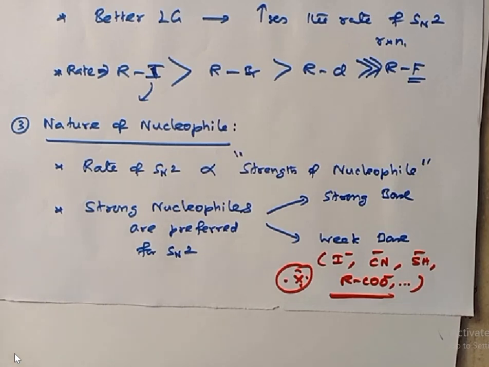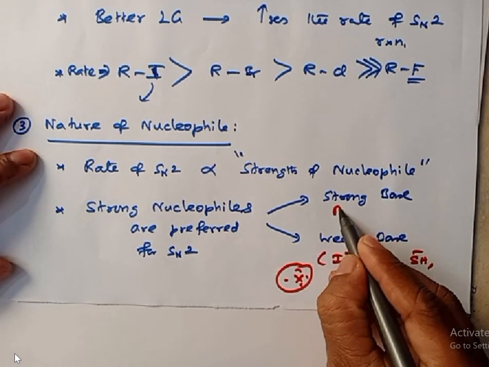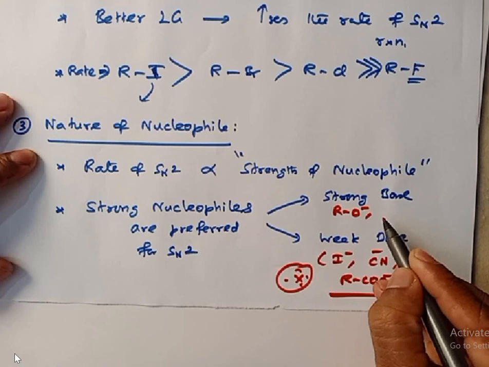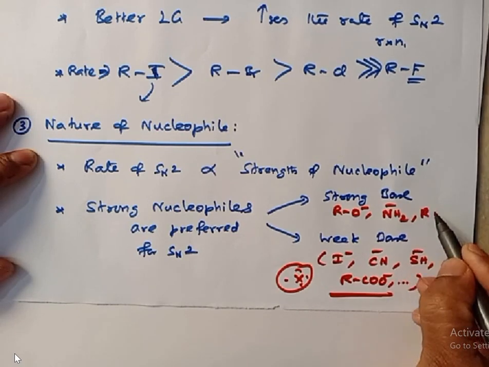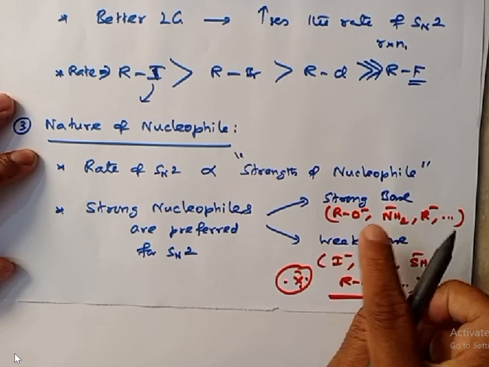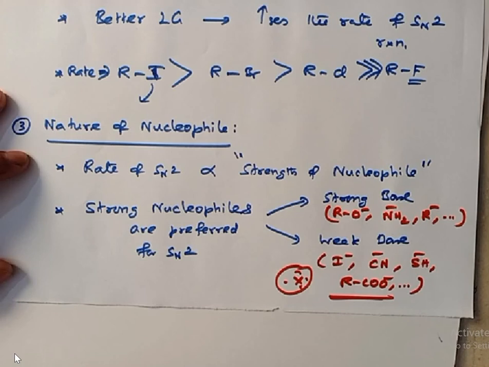There are some nucleophiles available which are strong nucleophiles as well as strong bases, for example RO minus, NH2 minus, R minus, etc. They are all strong nucleophiles as well as strong bases. We won't prefer these. Why?